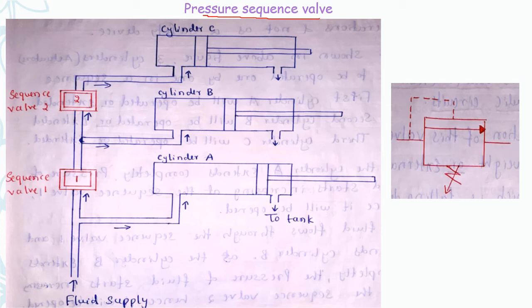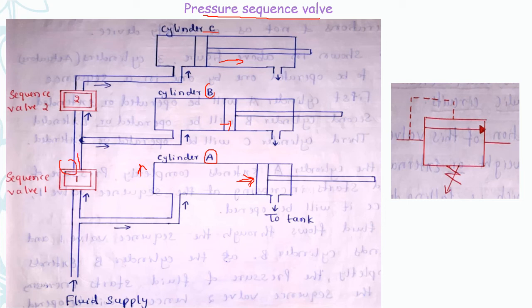So as shown in the figure, there are 3 cylinders which are to be operated one after the other. First cylinder A will be operated or extended, similarly second cylinder B and cylinder C. As cylinder A extends completely, the pressure of the fluid starts increasing at sequence valve 1, hence it will be opened.